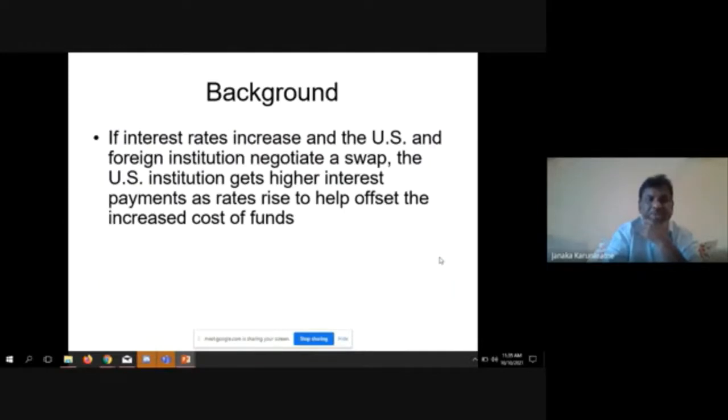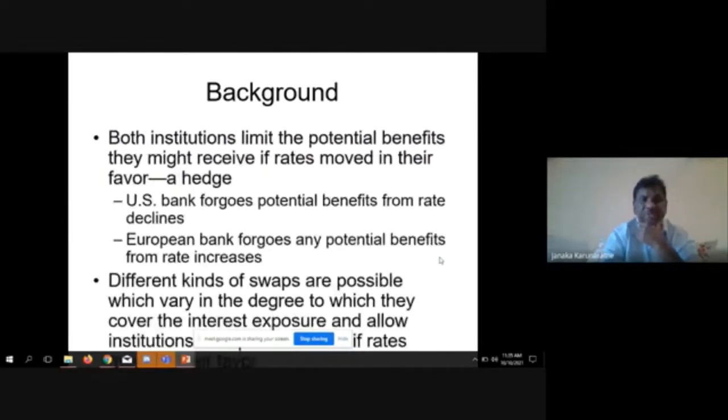So it works for the best of both institutions. Both institutions limit the potential benefits they might receive if rates moved in their favor. Hedge.